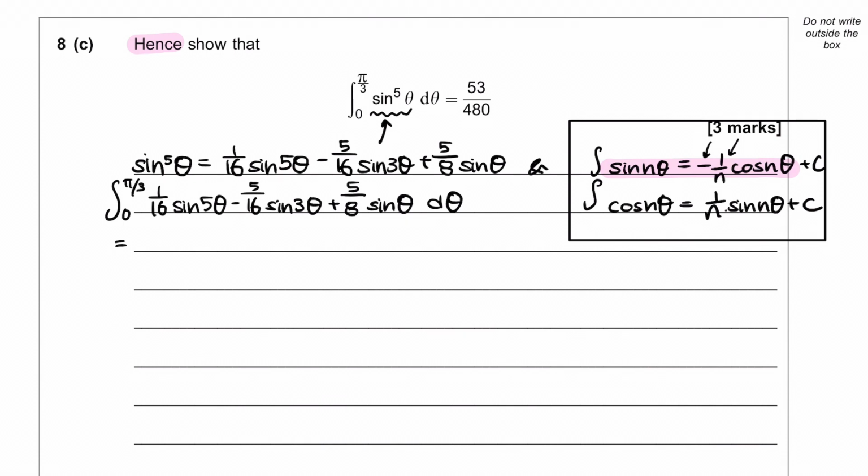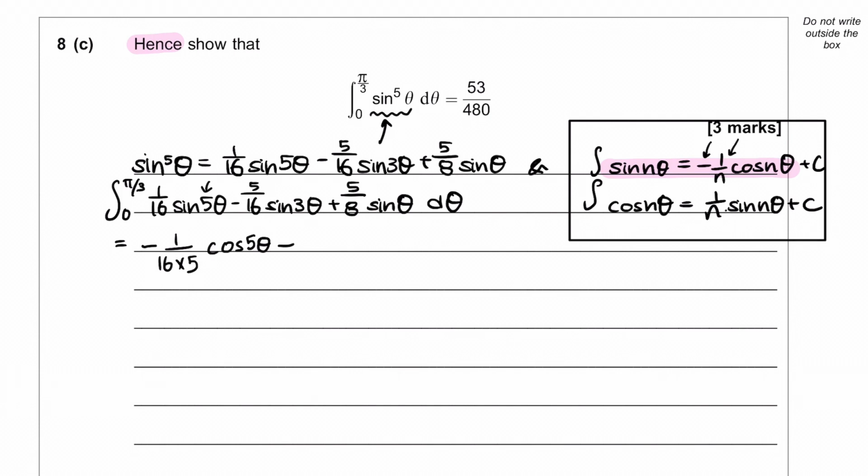So for example, your first term becomes minus, because we have minus in front of it, 1 over 16 times 5, which comes from this 5, okay? It's 1 over n multiplied. And then sine 5 theta becomes cosine 5 theta.